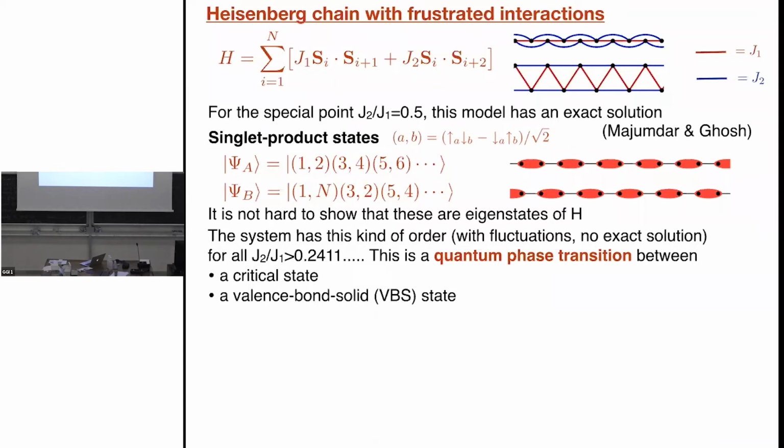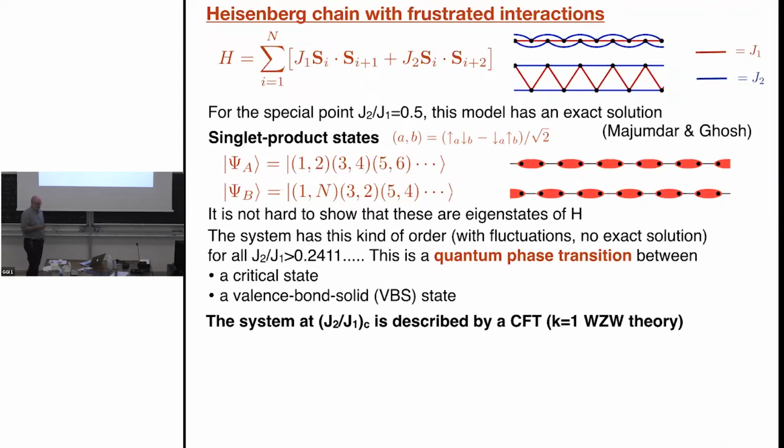Whereas below that point, you have the critical state, which is very similar to the chain with only nearest neighbor interaction. So in fact, you have a critical phase going to a dimerized state.